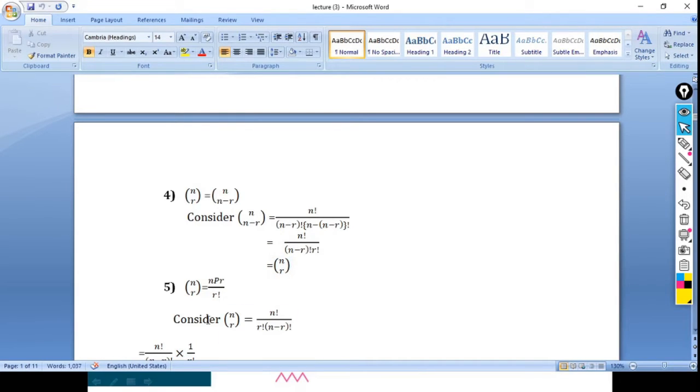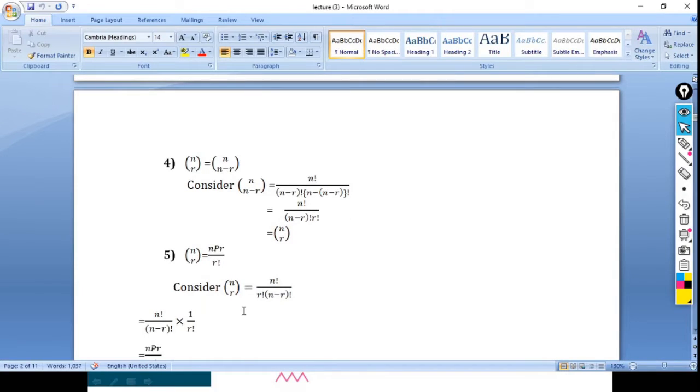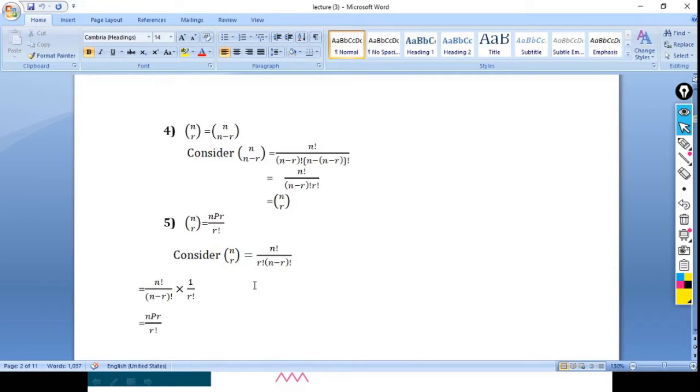Fifth result, that is nCr is equal to nPr upon r factorial. Now consider the LHS, nCr. Use the formula for nCr, n factorial upon r factorial into n minus r factorial. Now I have written it separately, this n factorial as it is, this n minus r factorial I have taken here as a denominator, into 1 upon this r factorial.